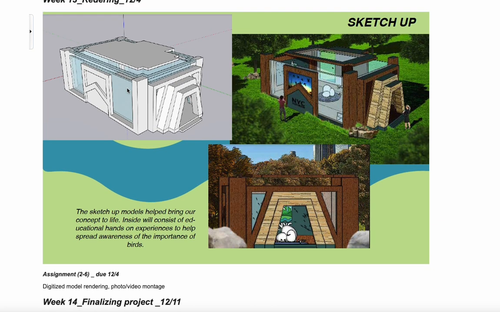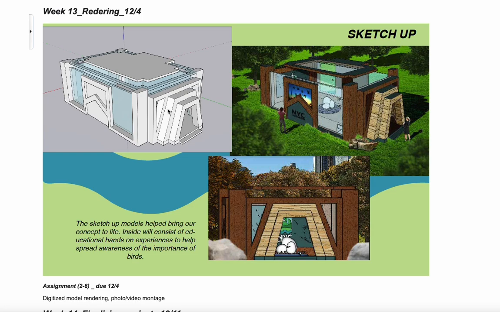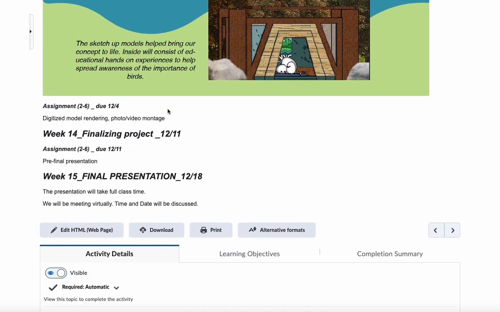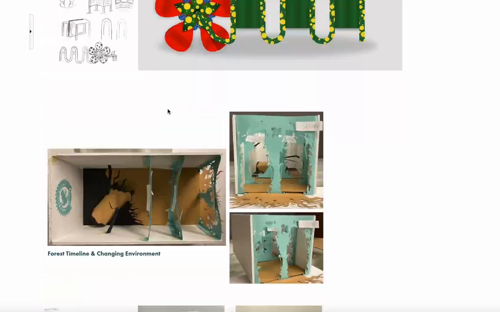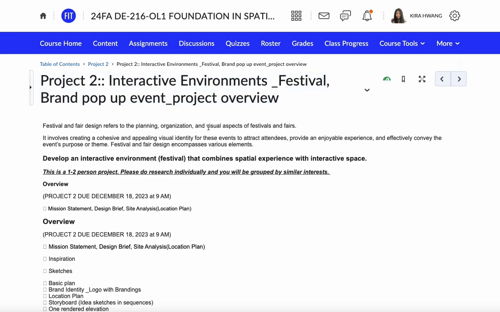This is done by one of my students. They did a really great job. Actually, this was a three-person group. They did the Audubon Society Conservancy spatial experience design, located in Central Park. So the festival design is new to us.